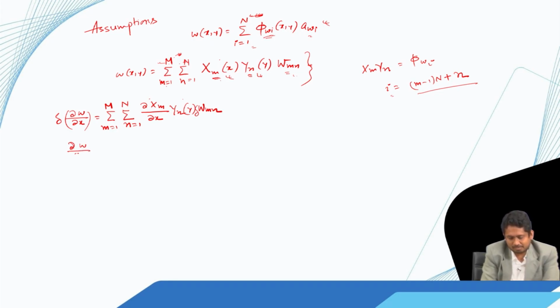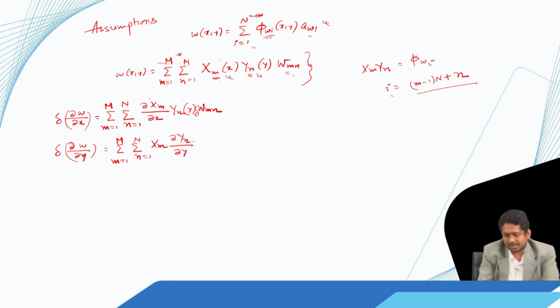Similarly, del w by del x del y with its variation can be written as n equal to 1 to n, m equal to 1 to m, and then x m cannot be differentiated because it is a function of only x. However, y n can be differentiated, I do not need to show this, and then we have variation of w m n.